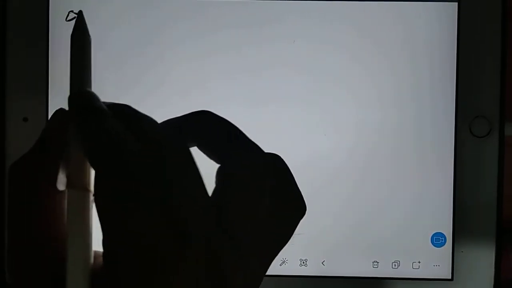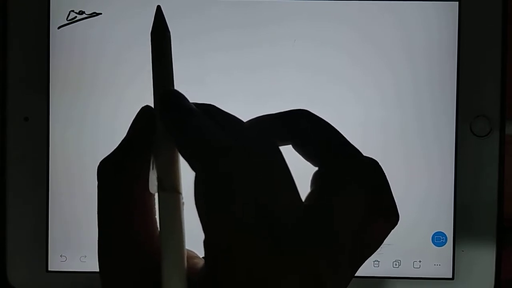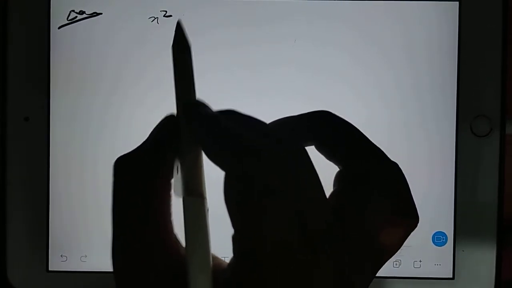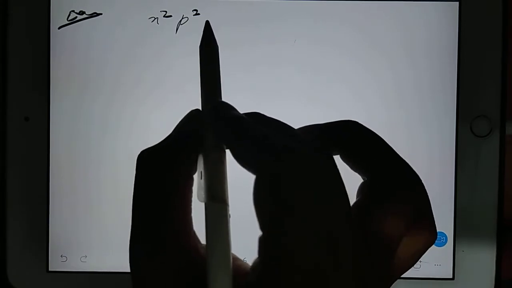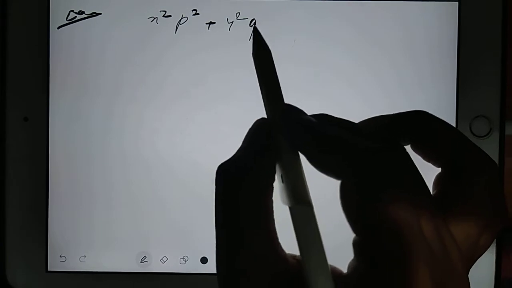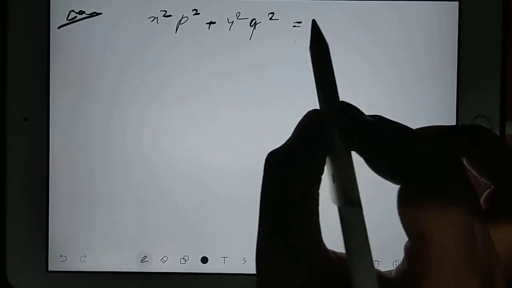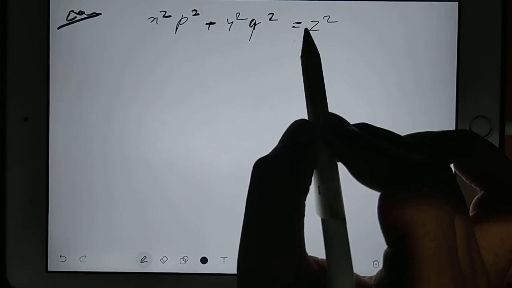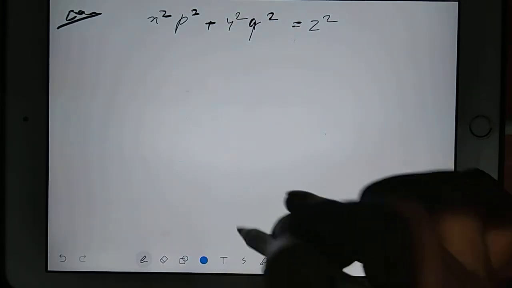Take one more example. x square p square plus y square q square is equal to z square. Now you see this equation.